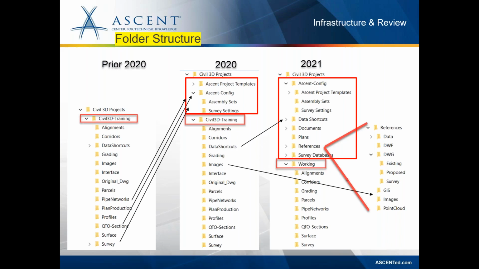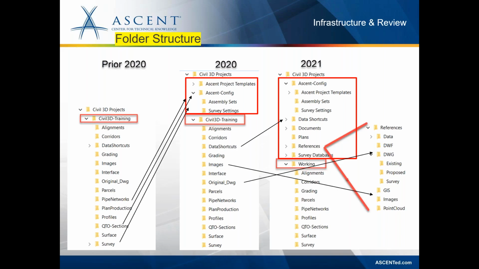I moved the images to the references image folder. The original drawings that contained all of the XREFs, I moved into the references DWG folder. You will note that within the references DWG existing folder, that is where the surface resides for the existing ground for the data shortcuts.